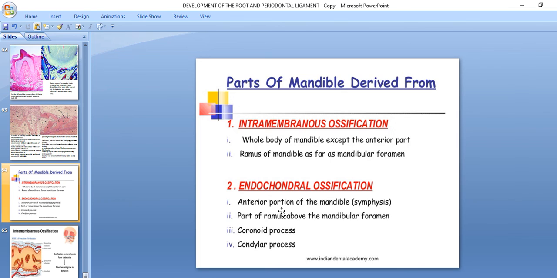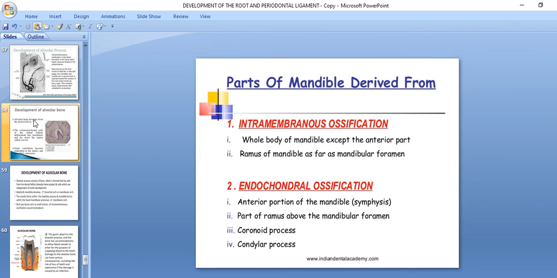And the anterior portion of the mandible, the symphysis, part of the ramus above the mandibular foramen, the coronoid process, and the condylar process undergo endochondral ossification, and we discuss it now.